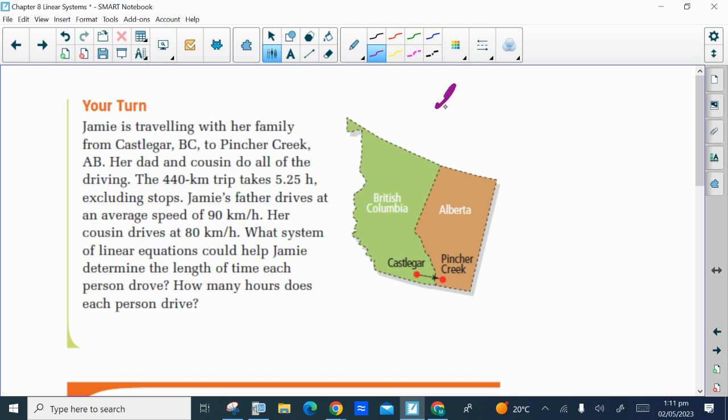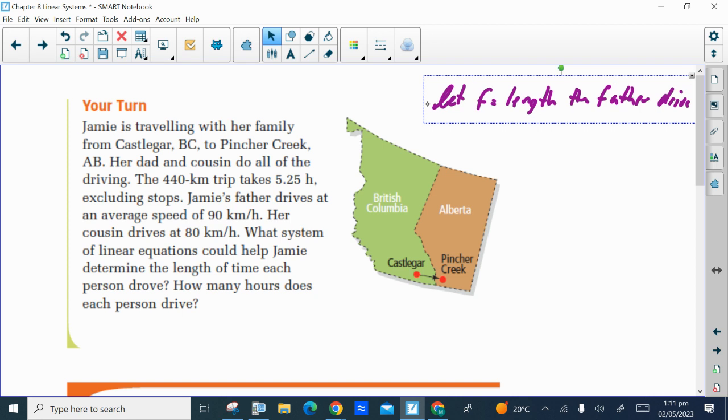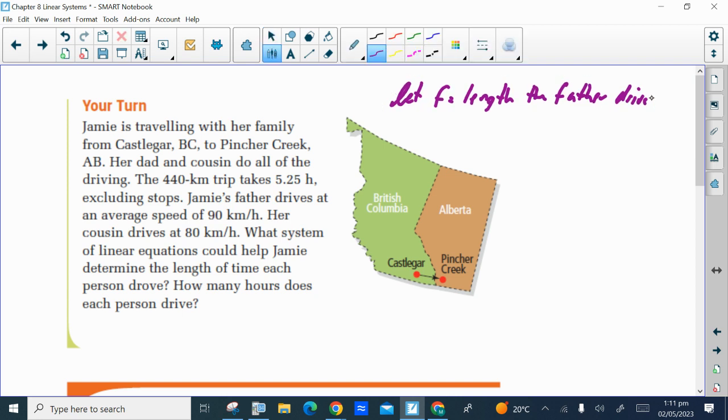So we might let F equal the length in kilometers that the father drives, and maybe C equal the length that the cousin drives.